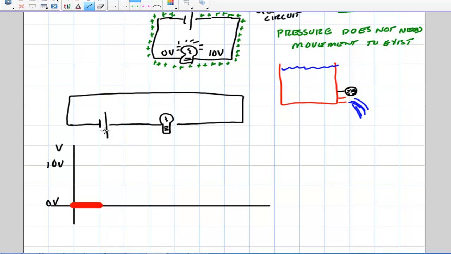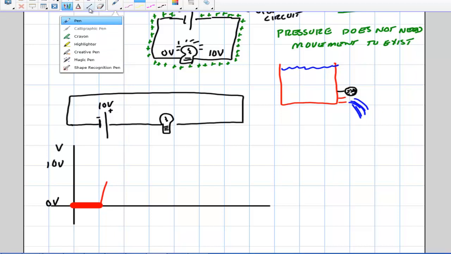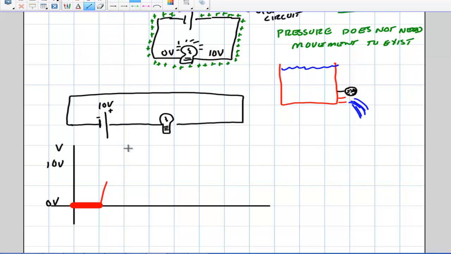Okay. Now this battery right here, remember this is a 10 volt battery, 10 volts. Okay, that's going to step up the voltage. So right away that voltage is going to get stepped up to the maximum level. So that voltage is going to go right up to 10 at that point. Then it's going to stay at 10 until it hits that element.